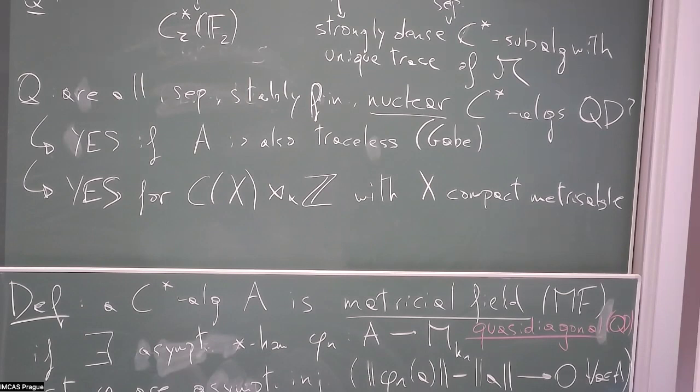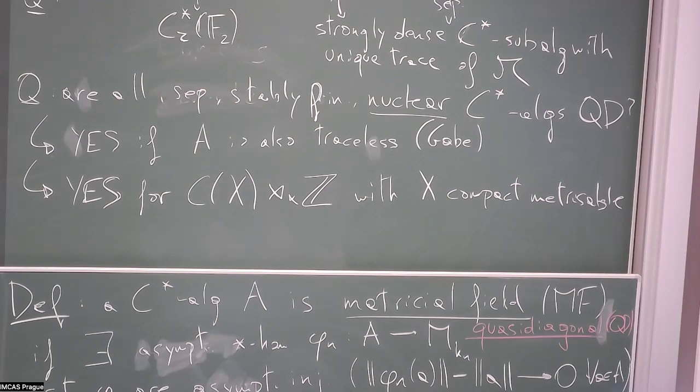Yeah, I'm not 100% sure, but I think stably finite might be enough to get an order. So you do get an order on the K-theory, but not in general, exactly.